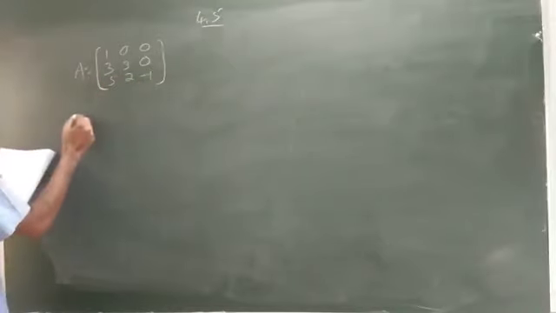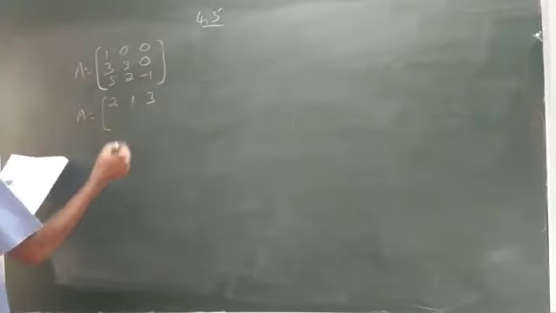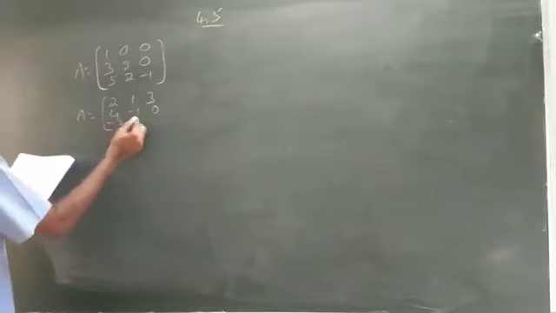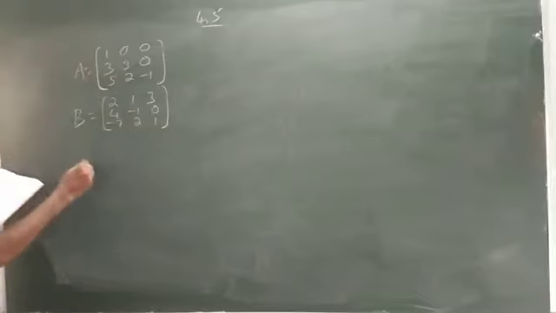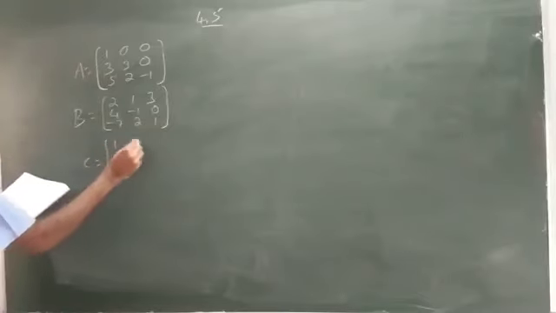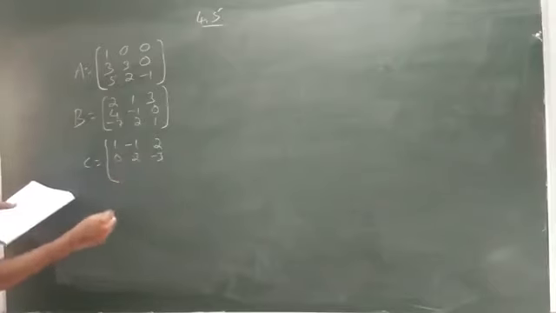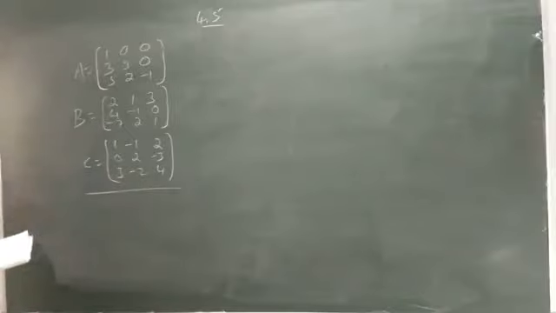Find the inverse of this. Second problem: B is [2, 1, 3; 4, minus 1, 0; minus 7, 2, 1]. Matrix C: [1, minus 1, 2; 0, 2, minus 3; 3, minus 2, 4]. Please try to solve these 3 problems.